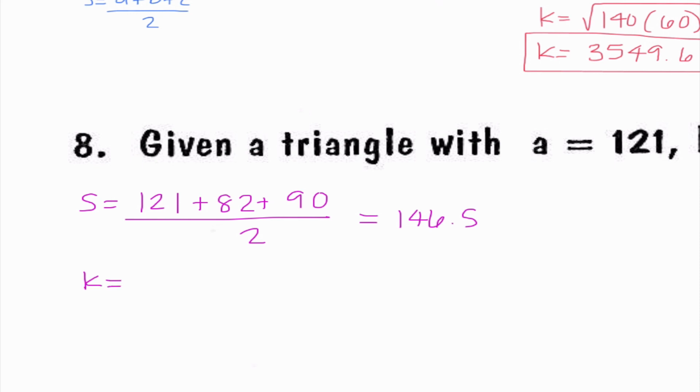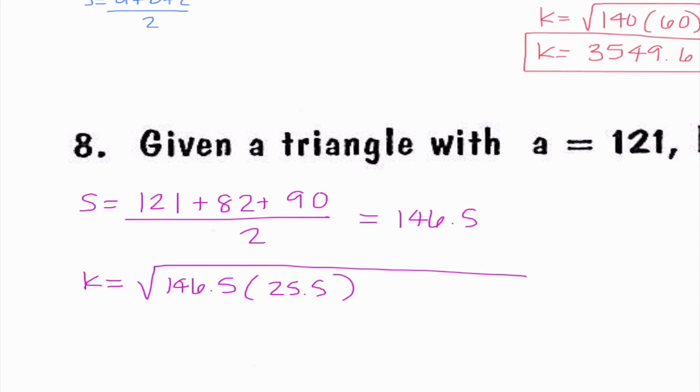So I have K equals the square root of 146.5. And now that you guys have kind of seen this in action, I'm going to use some shortcuts on this one. So I'm going to do 146.5 minus 121, which is 25.5.